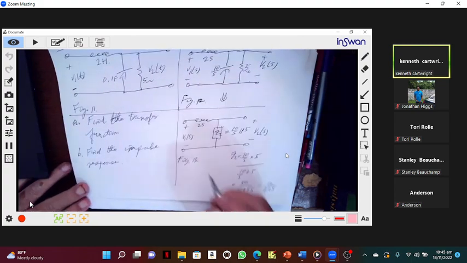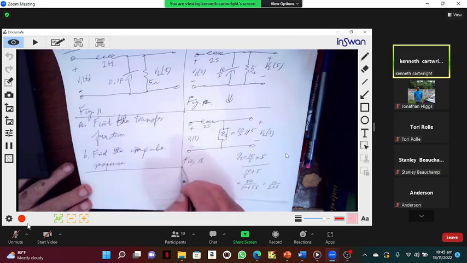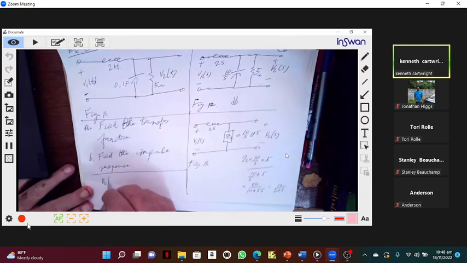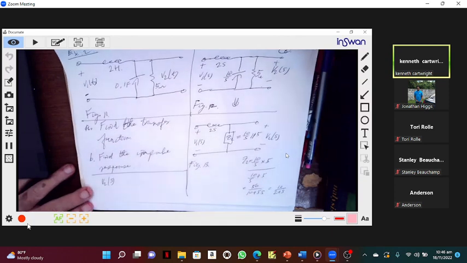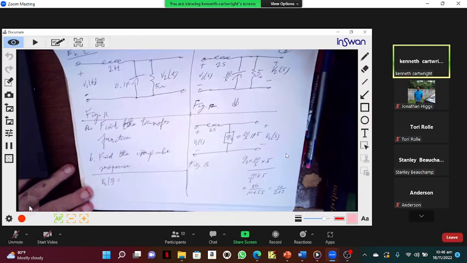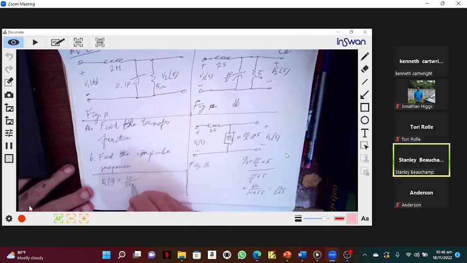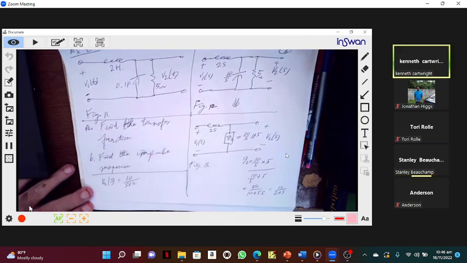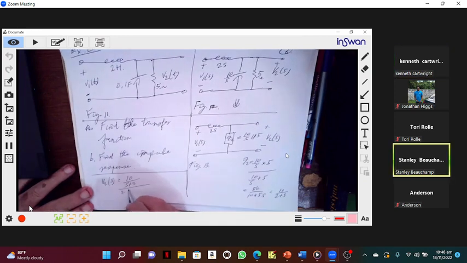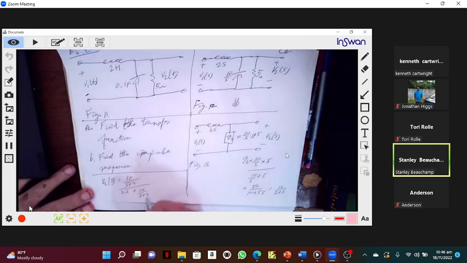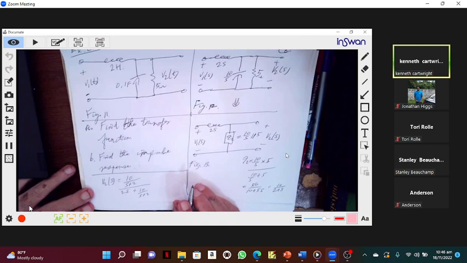And so, using the voltage divider rule, in figure 13, V2 of S equals how much? 10 over 2 plus S, over 2S plus 10 over 2 plus S. That's it?